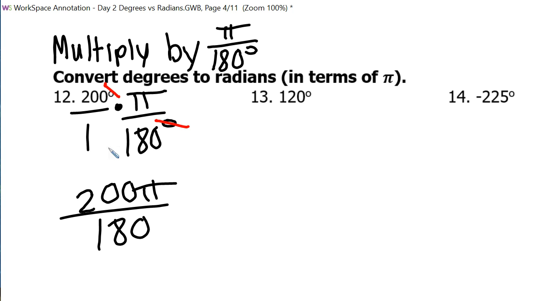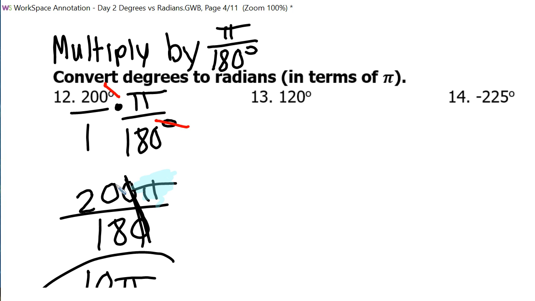Now, it says to leave your answer in terms of pi, so I need to keep the pi symbol in my answer. But make sure you simplify your fraction. So 200 over 180, those zeros, I don't need them. And 20 over 18, that simplifies to what? 10 pi over 9. So 10 pi over 9. Final answer.